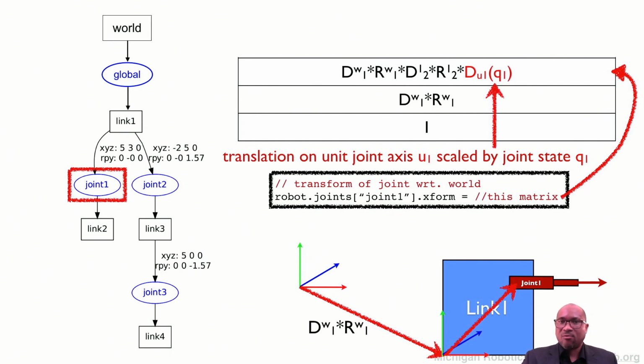The top of the stack will represent all the transforms that got us up to joint 1 with respect to the world. Then we also have this translational matrix that represents the state of the joint, and how much the joint is inducing translation. We can take the top of that stack and just store it with the joint 1 transform, and that will give us this matrix right here.